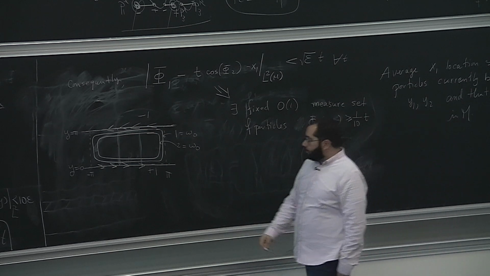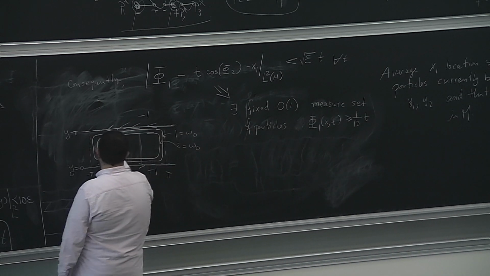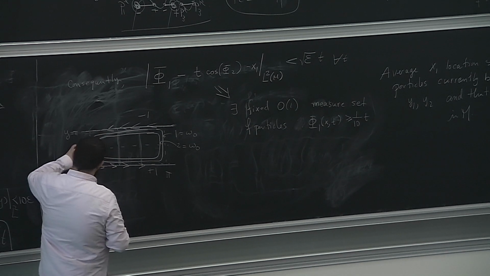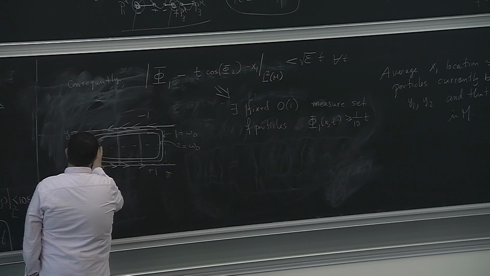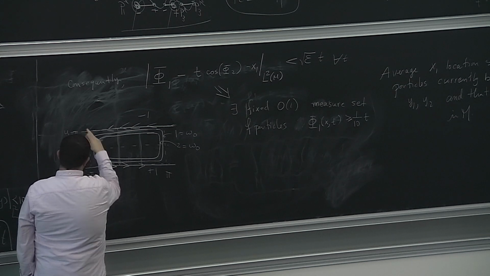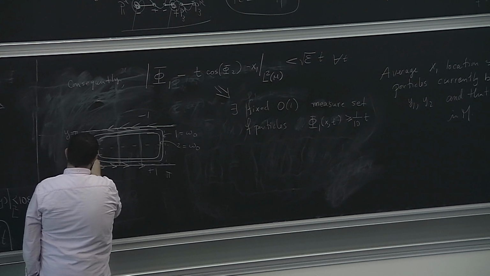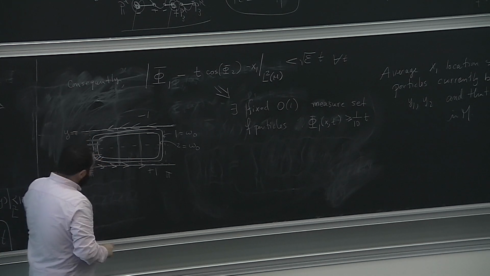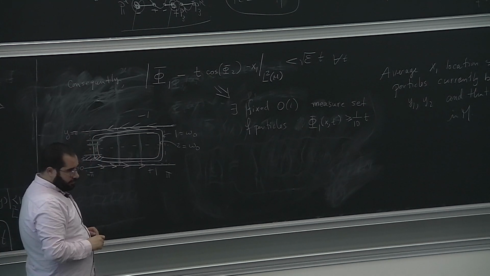Right? So essentially all of the particles in this region, remember it's 1 here minus 1 here, on average go to the right.